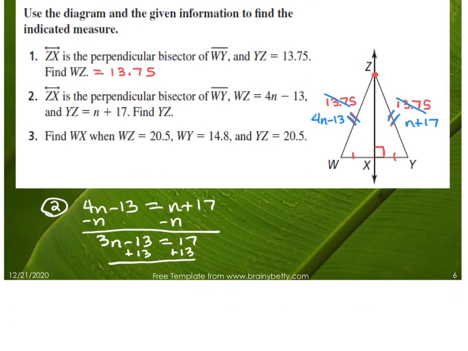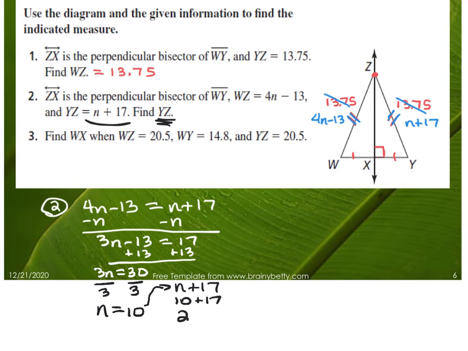I get 3n equals 30. Divide by 3, and n equals 10. Now again, it did not ask for n, it asked for the length of YZ, and we were told that YZ equals n plus 17. So if I plug in 10 for n, I can see that the length of YZ is 27.